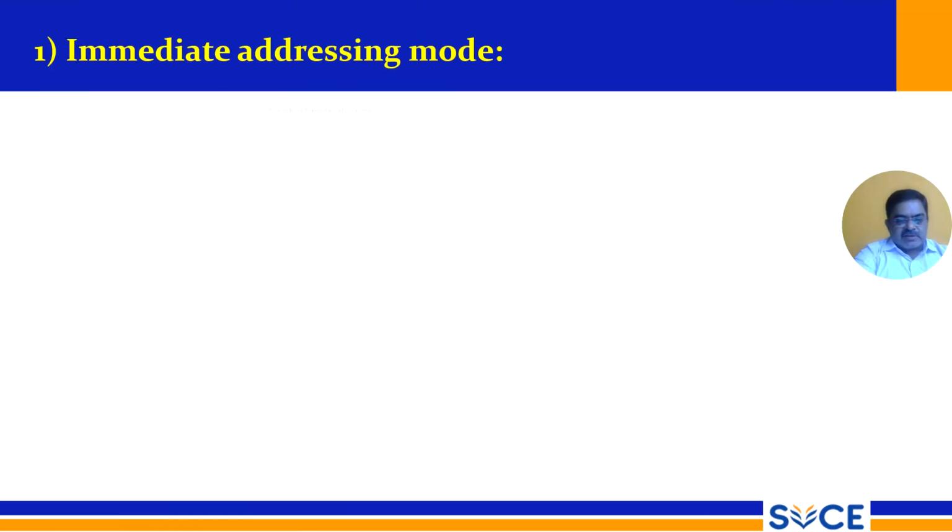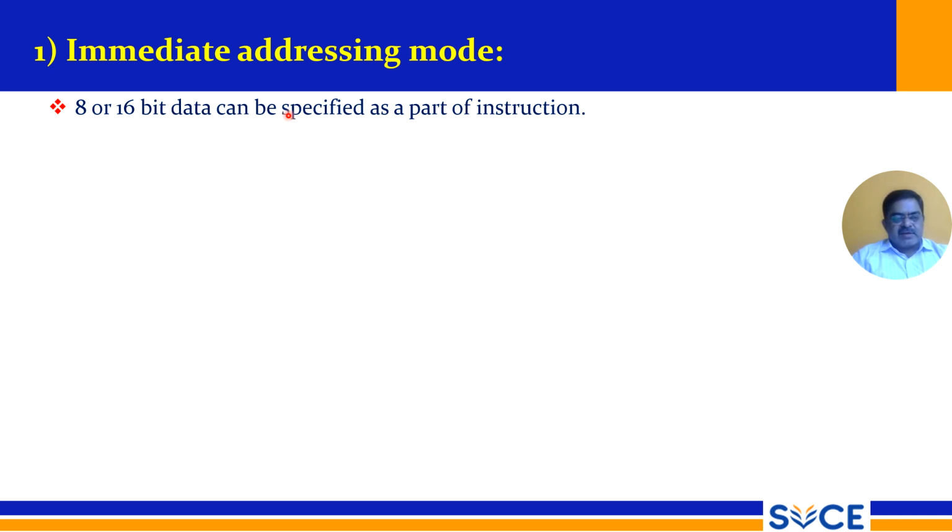In immediate addressing mode, 8 or 16-bit data can be specified as a part of the instruction. I will tell you what an instruction is, what opcodes and operands are, in the next session on the instruction set. Before that, just remember that the instruction has the data within itself. The data is specified in the instruction itself, and it can be 8-bit or 16-bit.